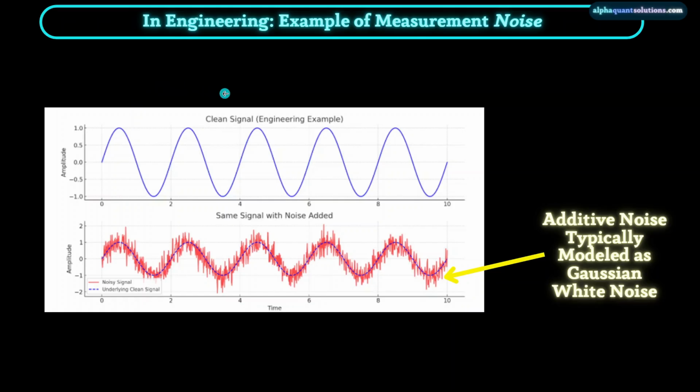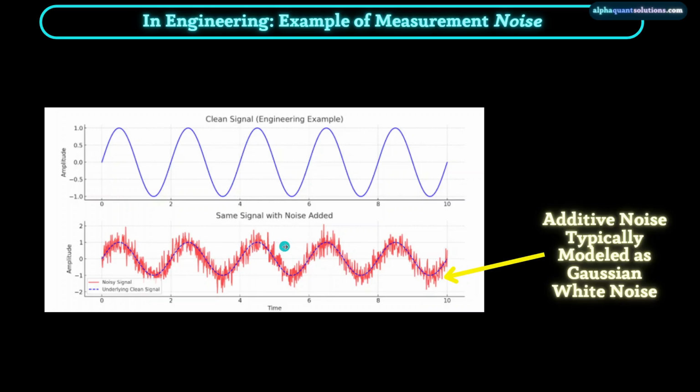So a Gaussian white noise is a type of random signal where each value is essentially unpredictable and unrelated to the others. The term white means that its energy is spread evenly across all frequencies, like white light contains all colors. So each frequency has equal power, basically.